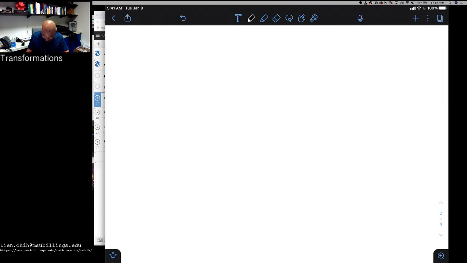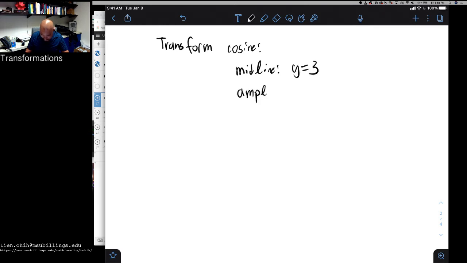So let's say we want to transform cosine so that the midline is y equals 3, the amplitude is A equals 2, and the period we also want to be 2.